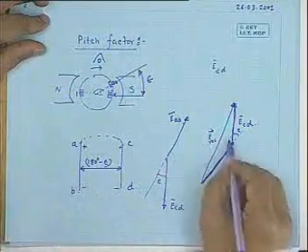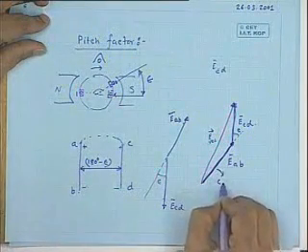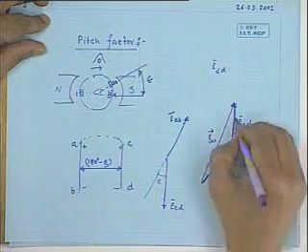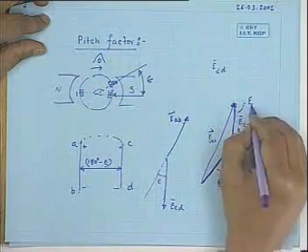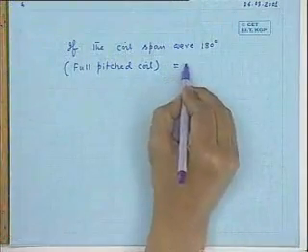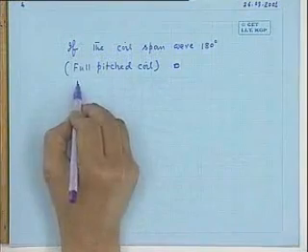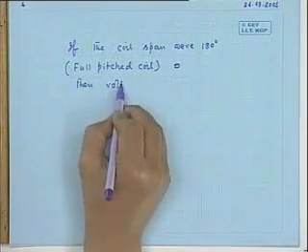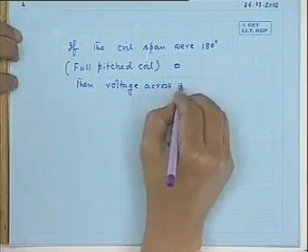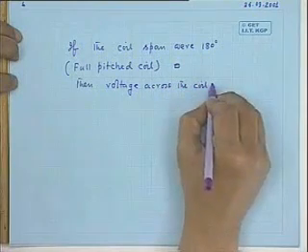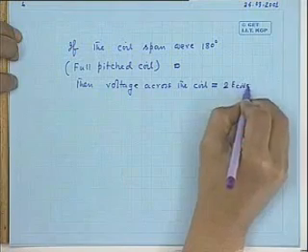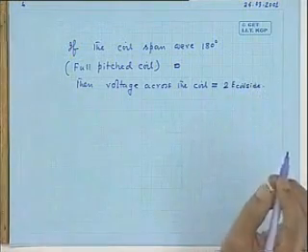Then what would have been the induced voltage across the coil? Two times the conductor voltage. So this is E coil side, the magnitude, and this is also E coil side. The voltage across the coil would have been twice E coil side.